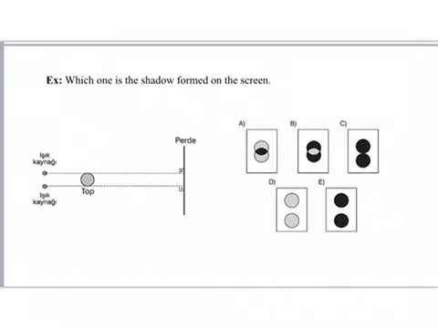Which one is the shadow formed on the screen? We have point light sources, so I take two rays to the top and bottom of the object, so these are the areas that no light reaches from the first light source.